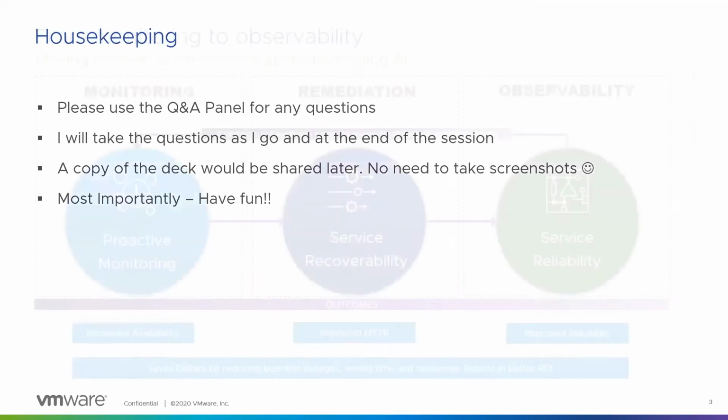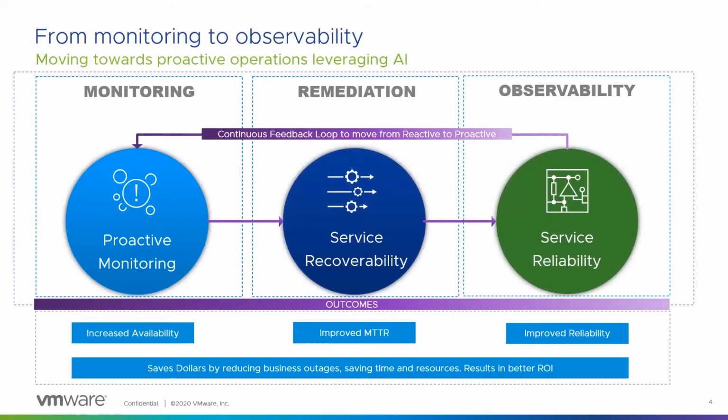Okay, so let's just go to the next one. I wanted to start with this slide because the industry itself is transforming. Like every other industry, the management industry and the operations industry is also transforming. We are seeing our customers moving from the need of monitoring something and reacting to issues which are happening in the environment, and then making changes to solve those problems.